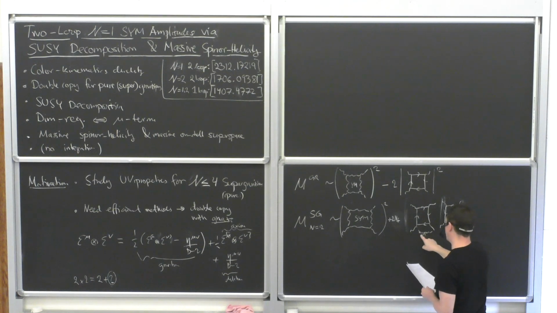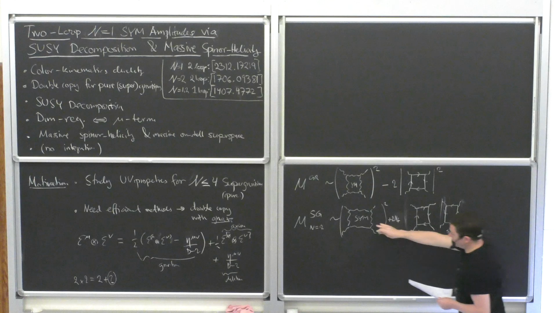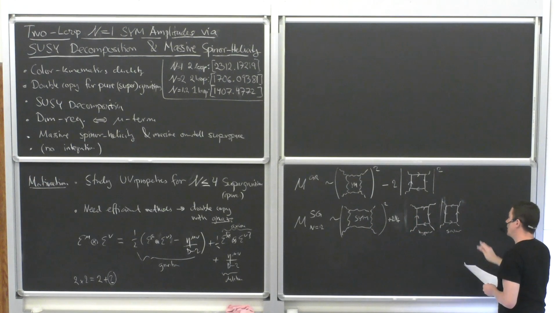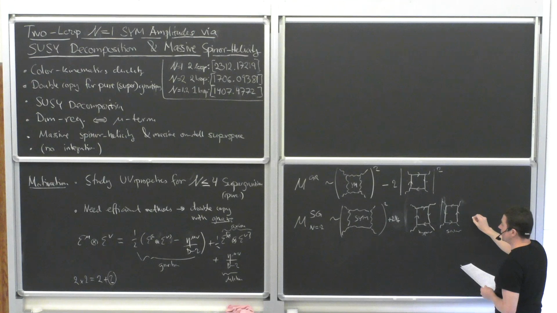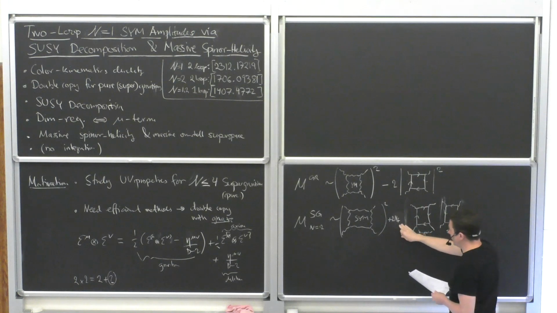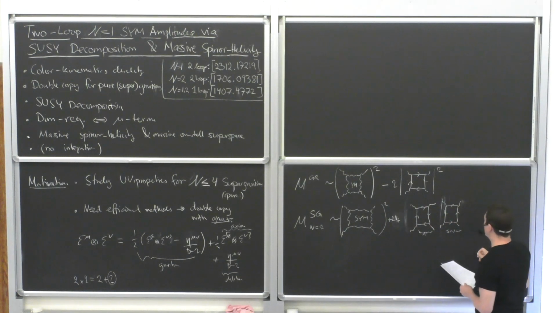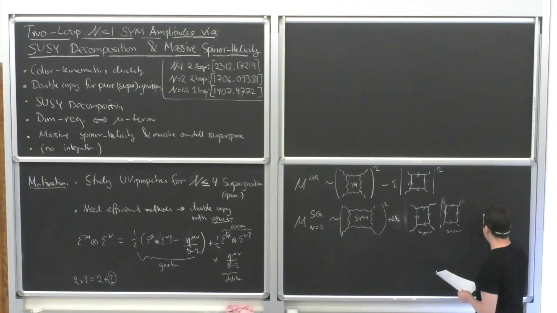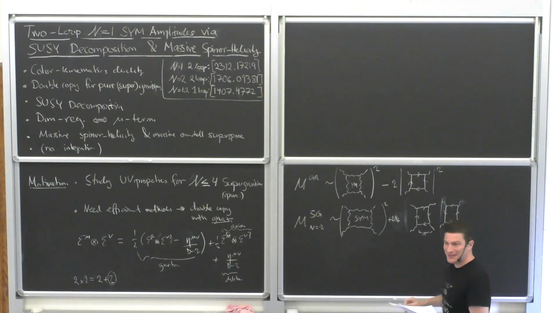And that's how you get n equals 2. And also you have to do n equals 2 super Yang-Mills times n equals 0 Yang-Mills. And it turns out that this amplitude here is part of a family, and it's called, what is it called? It's called the Luciani model. I don't know if you know Luciani. I don't even dare to spell his name, Luciani model.